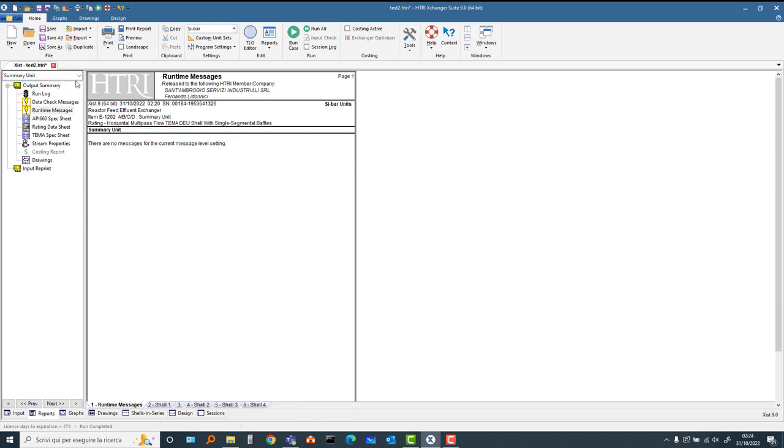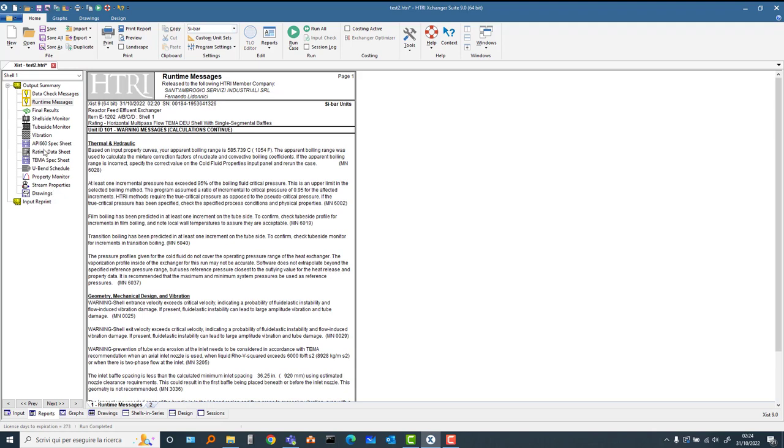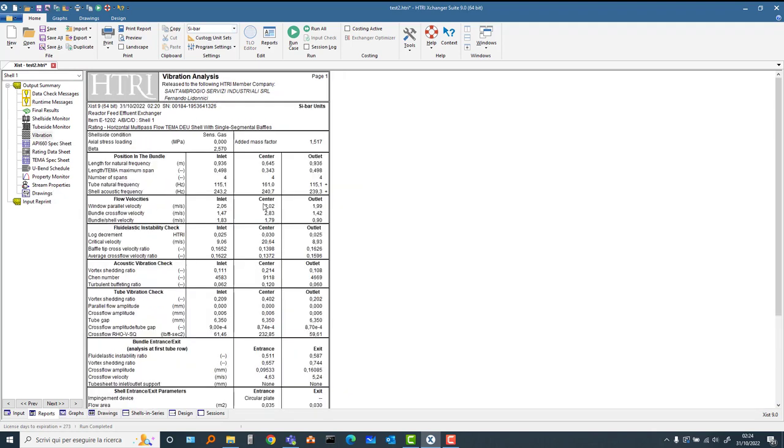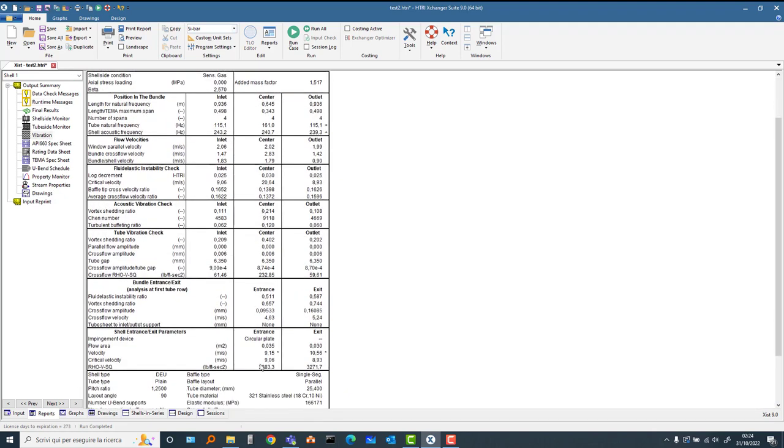Let's analyze a little bit better what happens. In the shell side, we take the vibration analysis, and you see what the problem is. The problem is on the entrance and exit in both these parts.